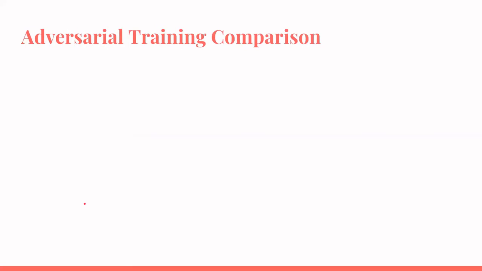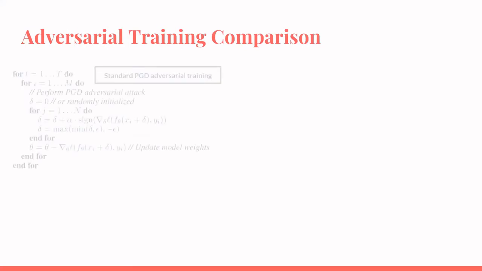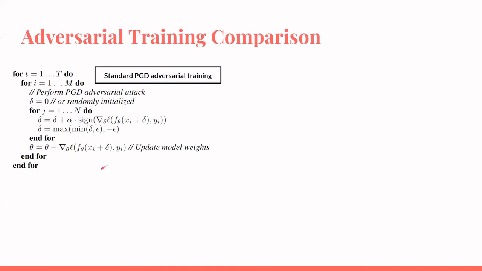Now let's compare the algorithms themselves. First we went over standard PGD adversarial training, and this is the algorithm for it. We can see here this T represents the number of epochs, so this loop is for the epochs, and M represents the size of the data set. Then as we get in here, we get into the meat of the attack.